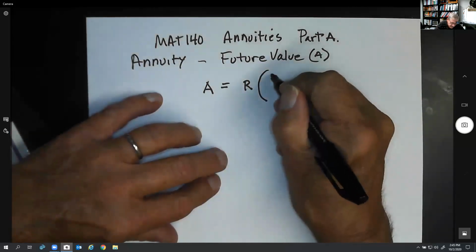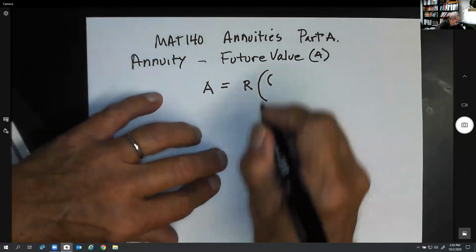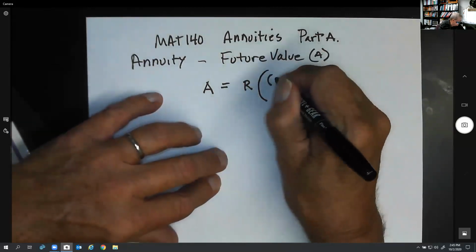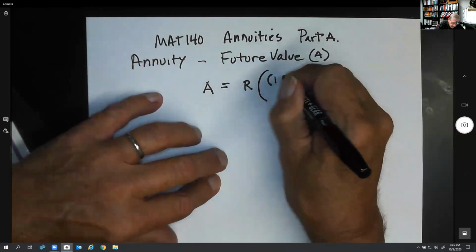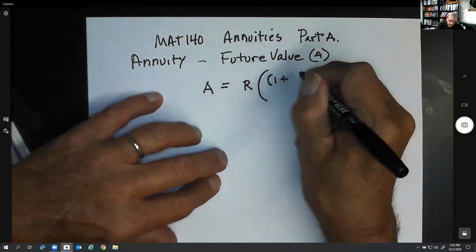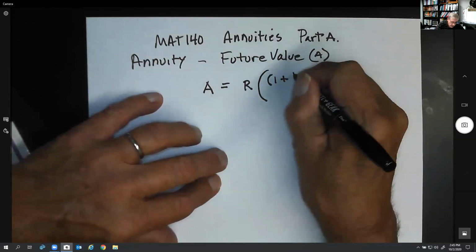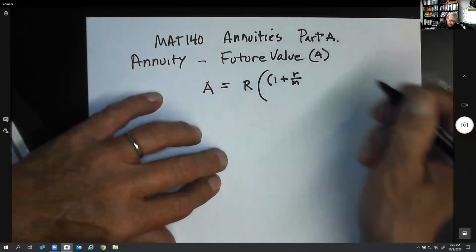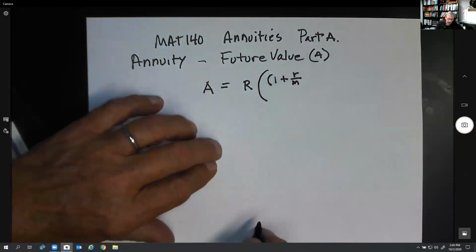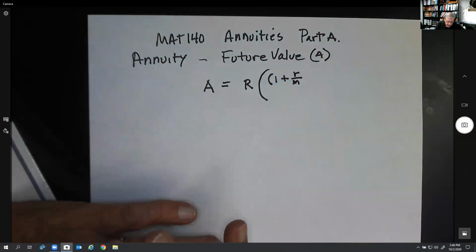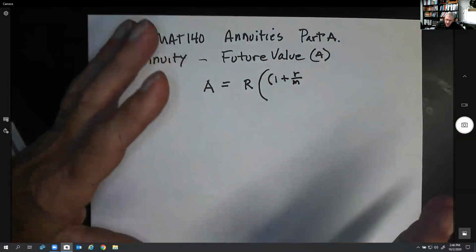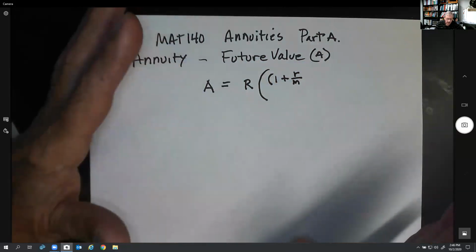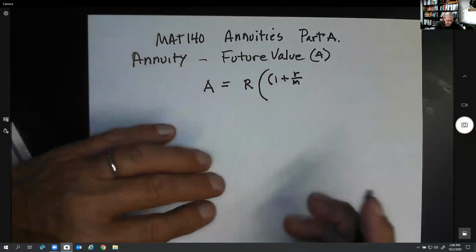You have a parentheses and another parentheses. This is going to be 1 plus your rate of interest, we'll use a small r, over how many times you deposit this money during a year, which is usually every month, so it would be 12.